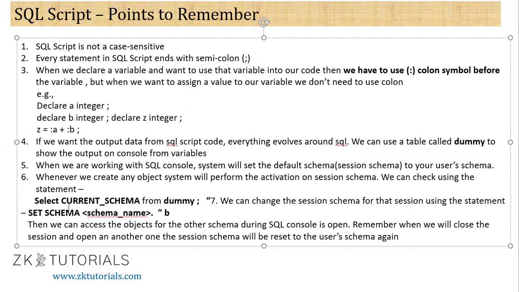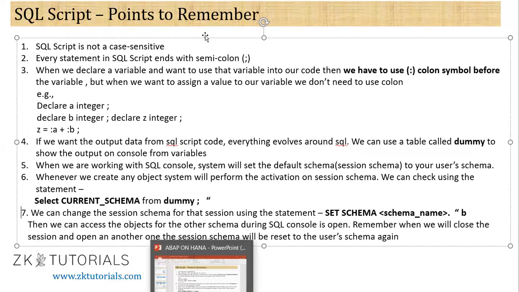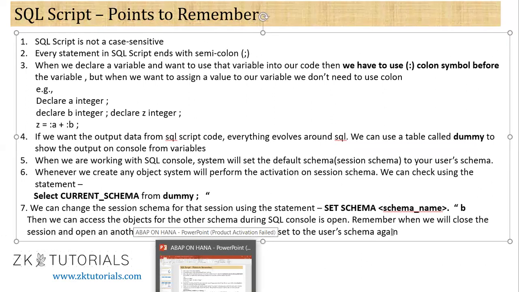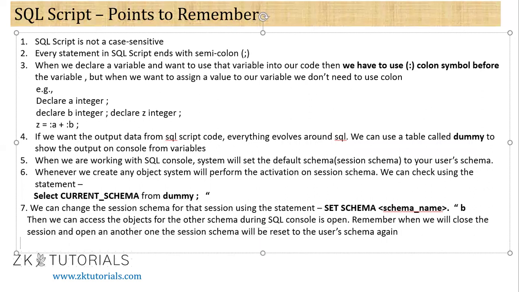Last and important, one second. Last point, and this is also very important. If we do not assign any value to a variable, the value will be assigned as null.